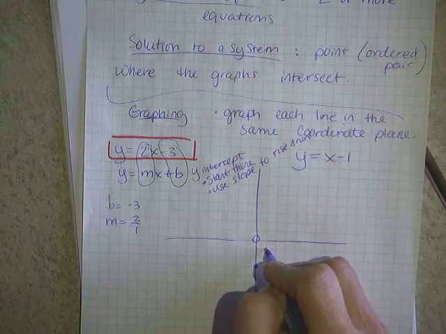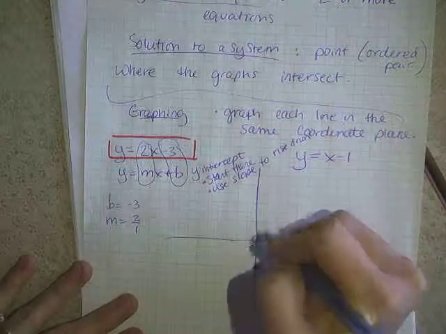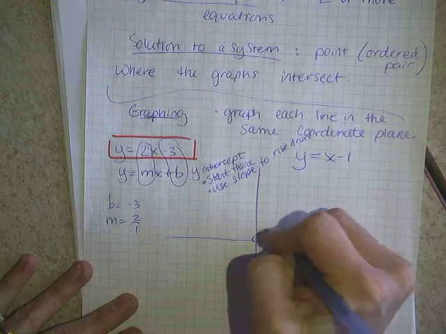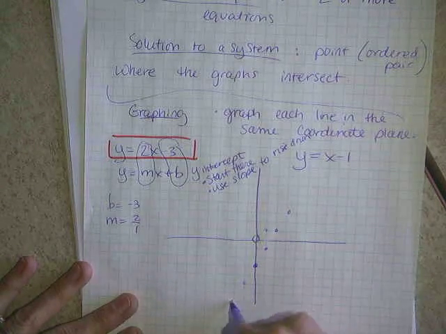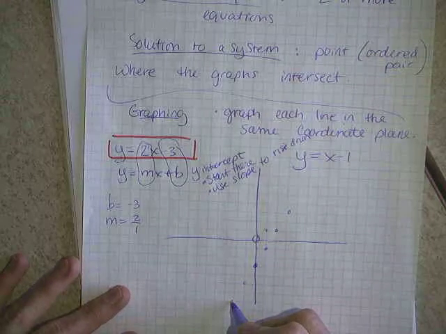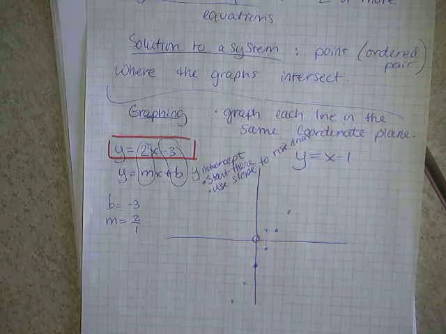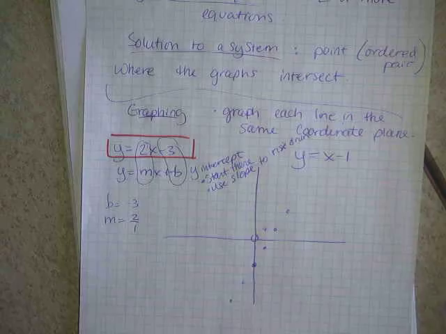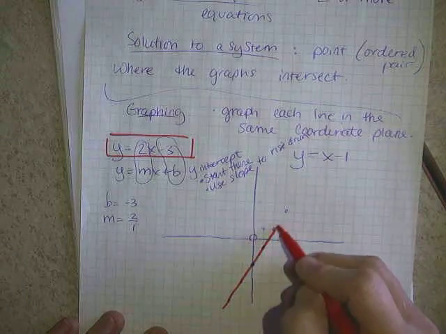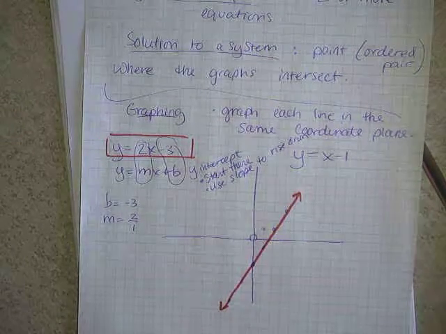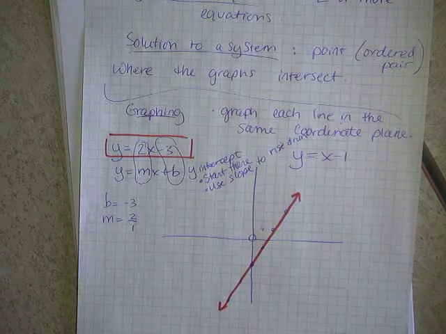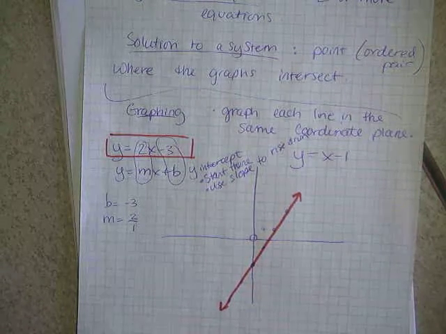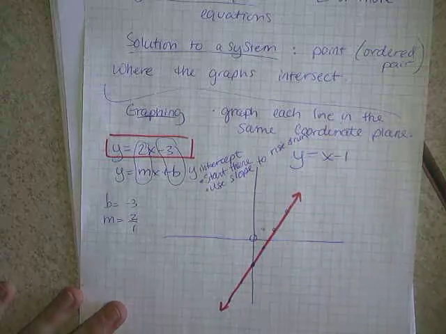So from our y-intercept, we rise 2, run 1. Now you're going to probably want several points because I'll show you what sometimes happens. Whoops, not there. Rise 2, run 1. Or you could go down and to the left. You probably want both sides of the y-axis because we don't know yet what the other equation looks like. Okay, so there's my first line.